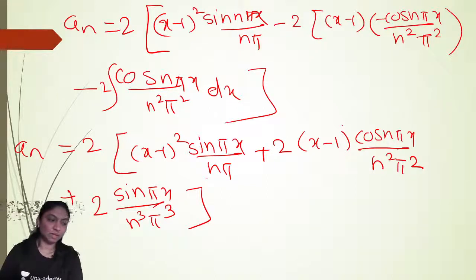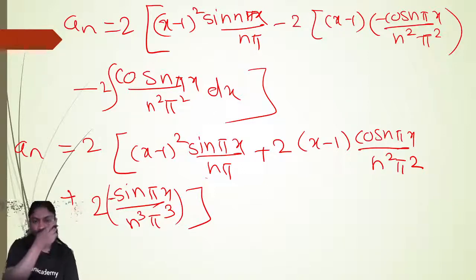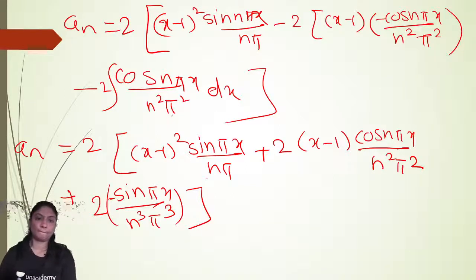So this will become plus, and again here this will become plus into this minus sign. So minus sin n pi x upon n cube pi cube. Right? So here it is plus only.